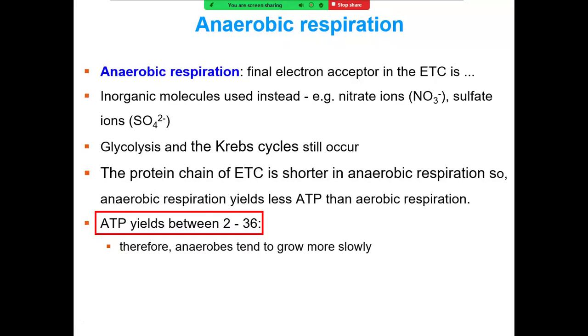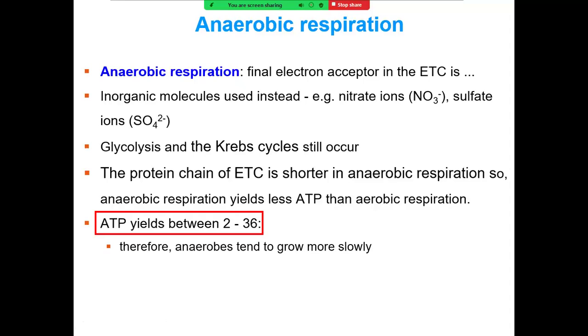The ATP yield for anaerobic respiration is something greater than 2, up to 36 molecules of ATP.